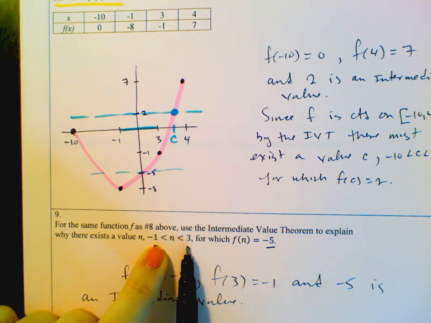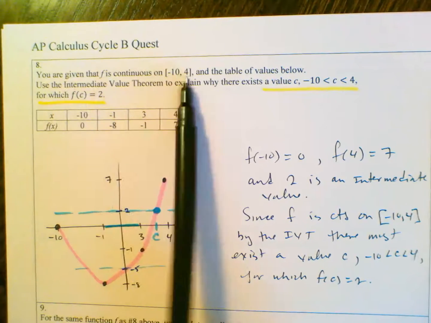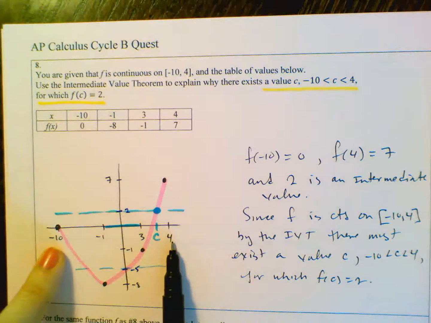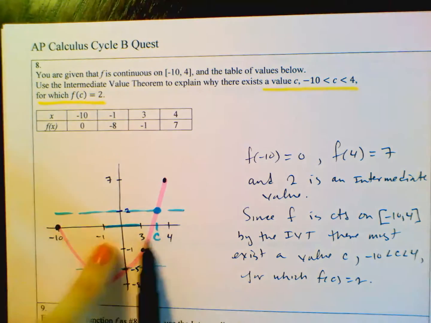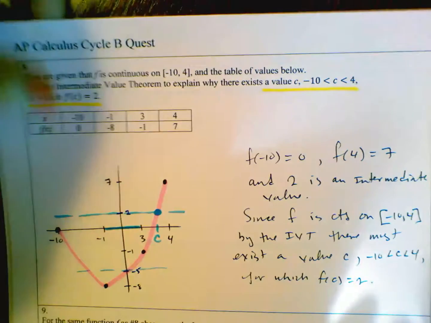Okay, now I want to be able to say, since f is continuous on -1 to 3, but I was not told that at the beginning. At the beginning, I was only given that f is continuous on -10 to 4. But if f is continuous on -10 to 4, guys, then it's got to be continuous on any subinterval of that. So I've just got to establish that.